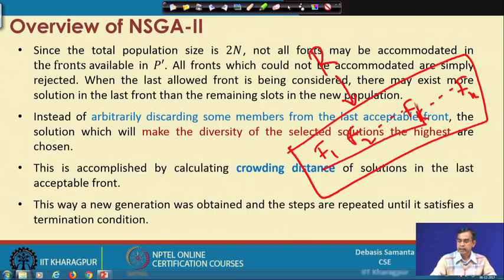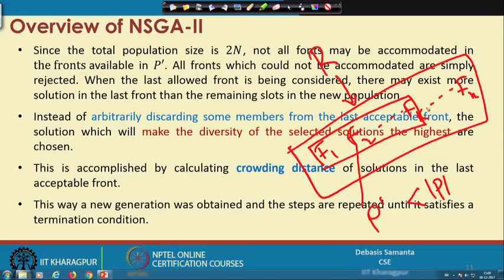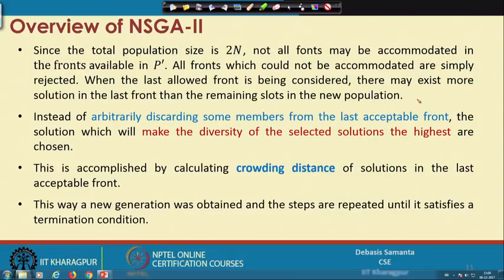Up to which front Fk can be filled into the current population P dash so that it is less than the size of P, that is the population size. The remaining fronts can simply be ignored, because they are not good for creating the mating pool or next population generation.